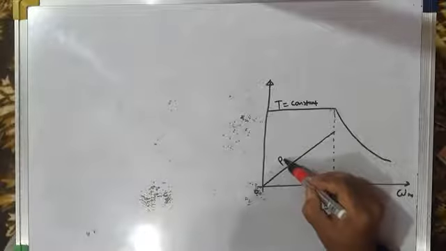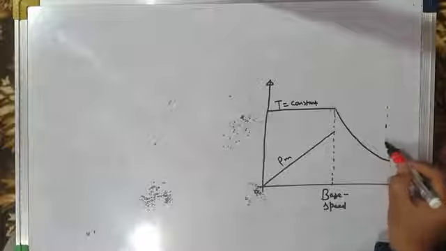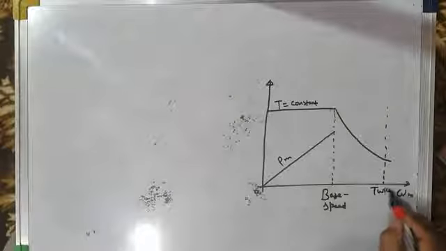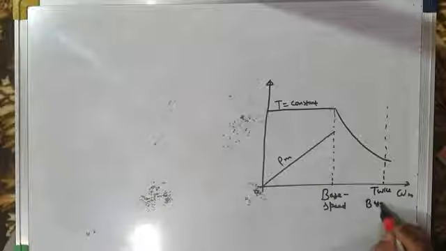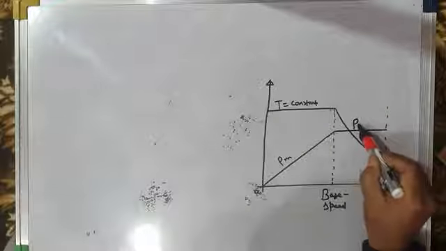Pm is not constant. And if you go from base speed to, let us say, twice the base speed, the torque will reduce, but power will now remain constant. So Pm is constant.